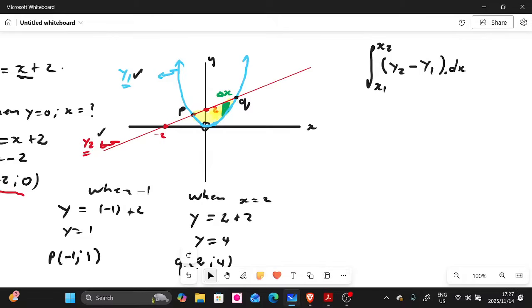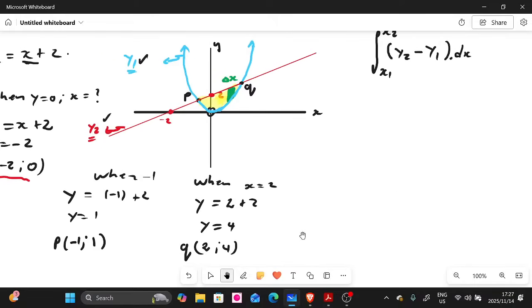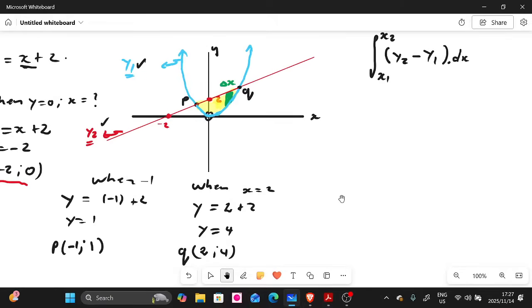But your limits should be the x values of Q and P. Now, those are your limits, guys. If you're watching this from the beginning, the x coordinates, these ones here, -1 and 2, those are your limits. But then, which one is the upper, which one is the lower?